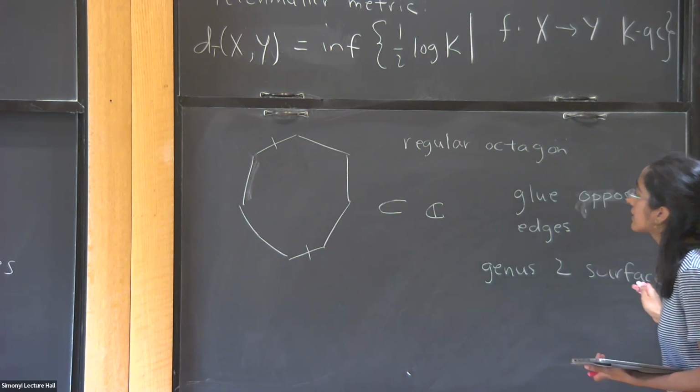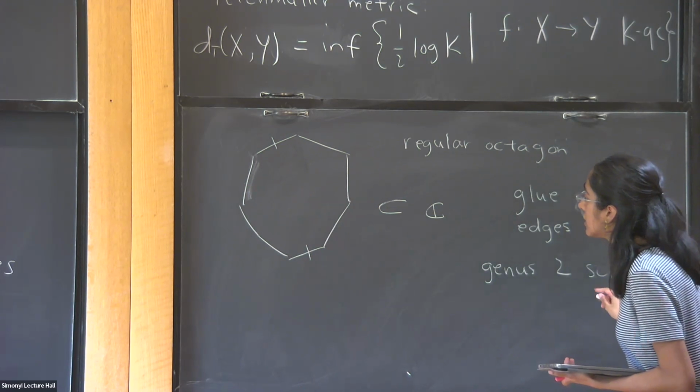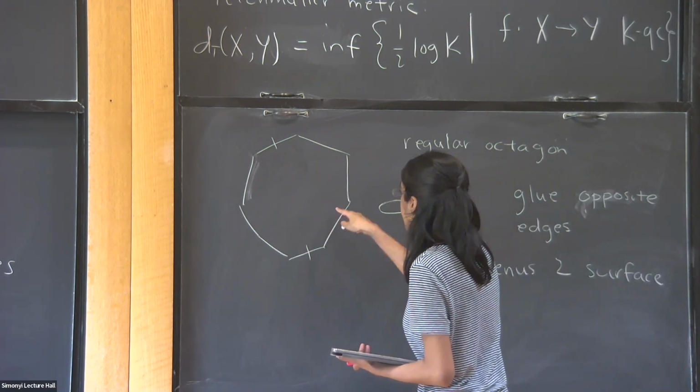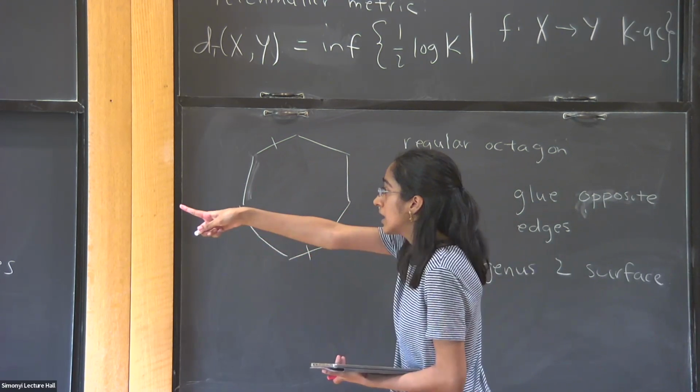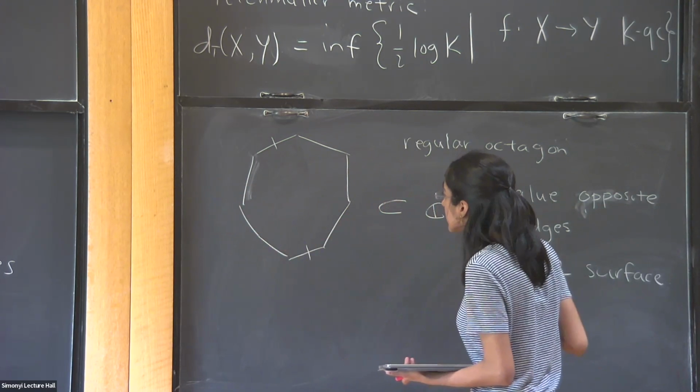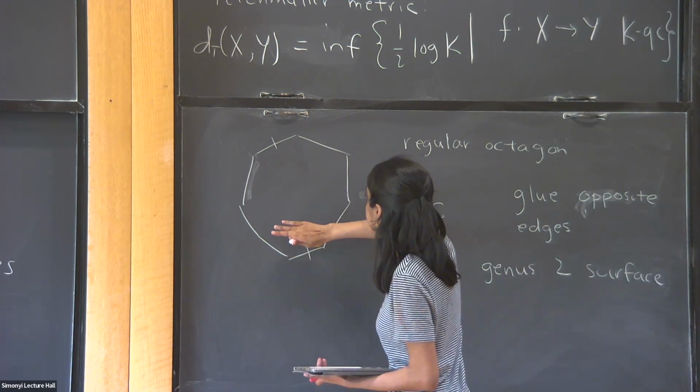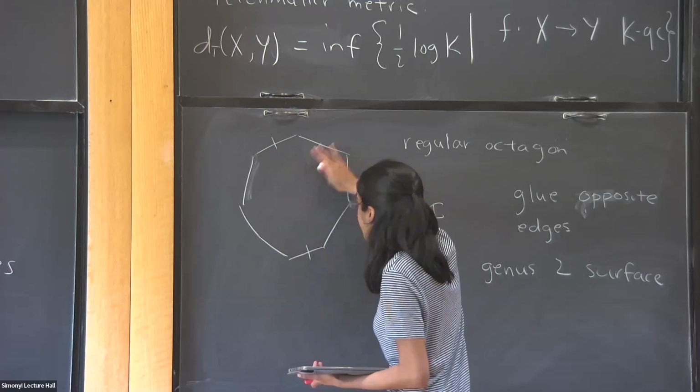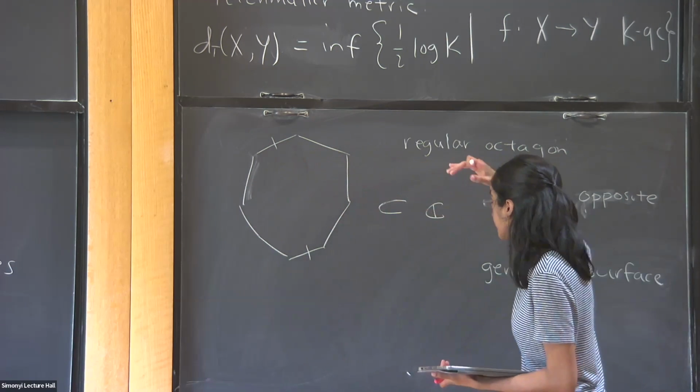But you won't just get a Riemann surface. You'll also get a flat metric on it, and a holomorphic one form on it. And the flat metric is simply going to be the Euclidean metric that you see here.